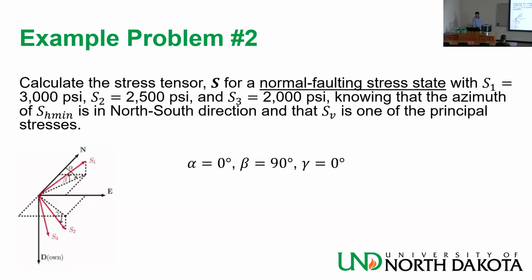Alpha is 0 because the azimuth of SH mean is in the north-south direction, and SV is one of the principal stresses. Beta is 90 and gamma is 0.